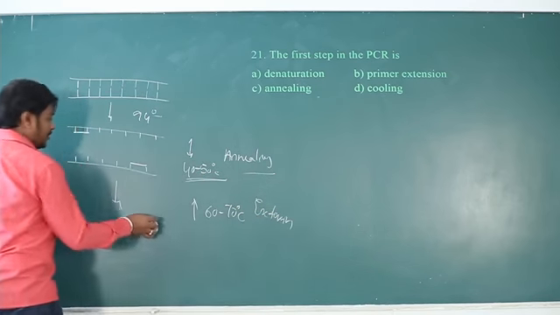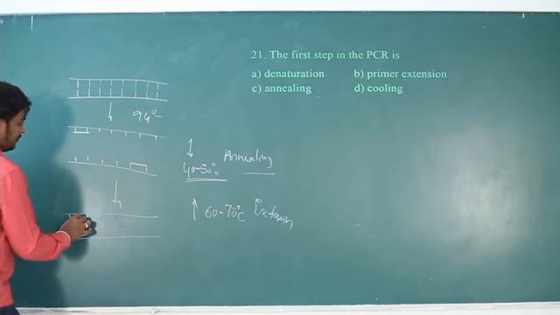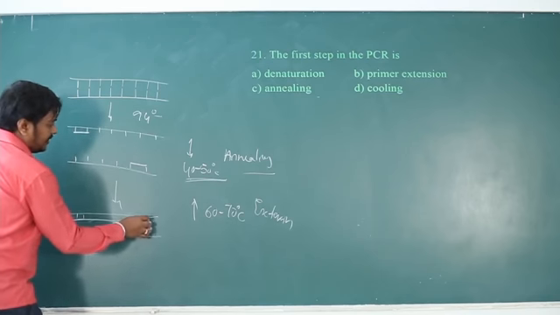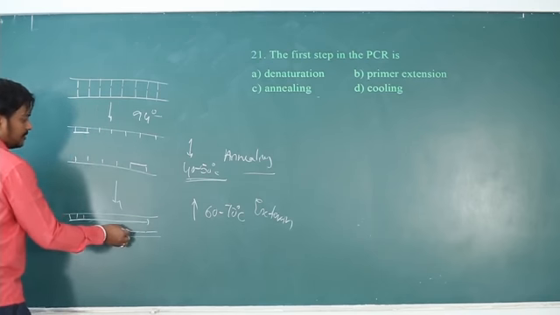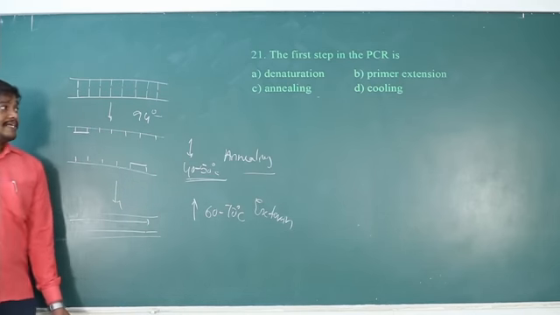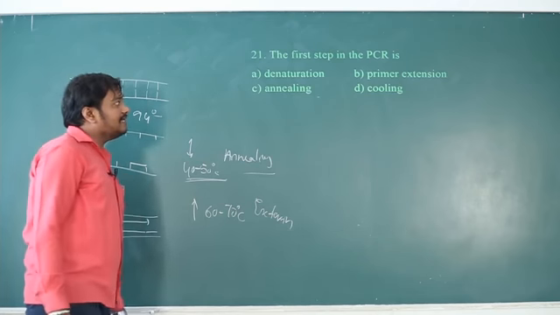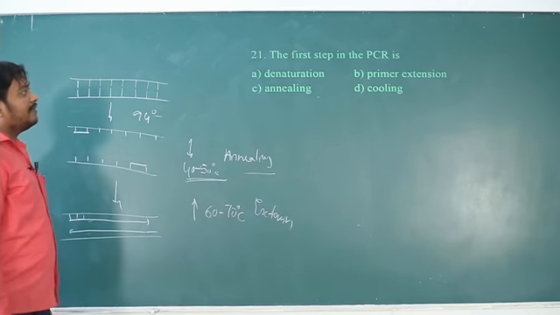During extension the DNA polymerase enzyme goes on adding the respective nucleotides and synthesizes DNA. Like this a new strand of DNA is synthesized. So the first step is denaturation, second step is annealing, third step is primer extension.